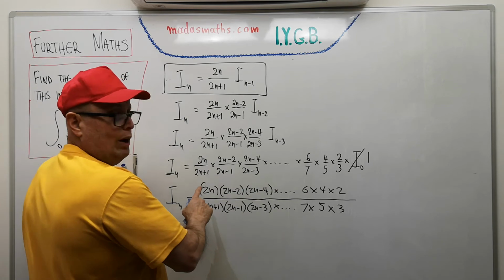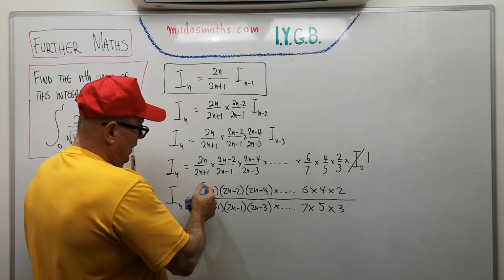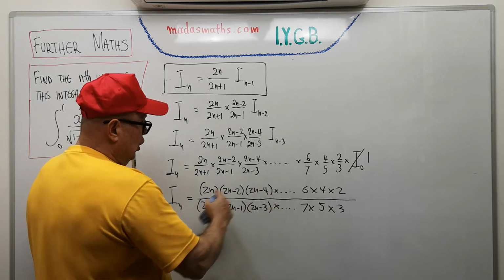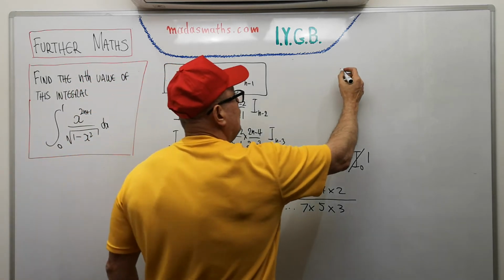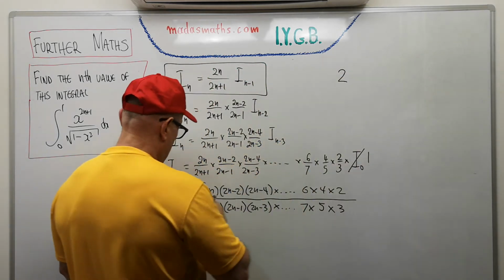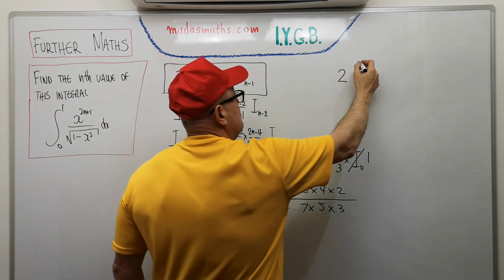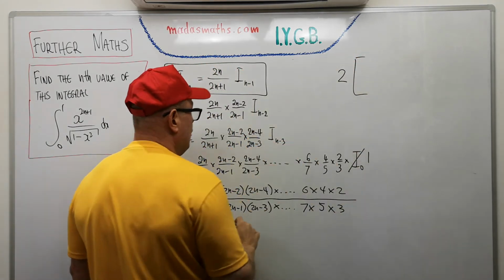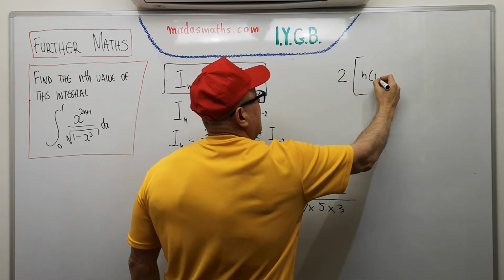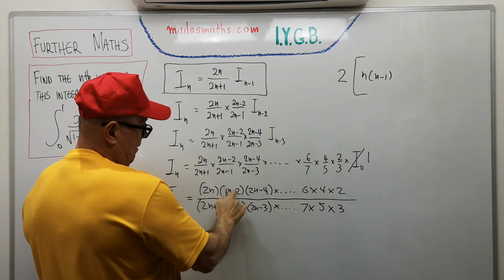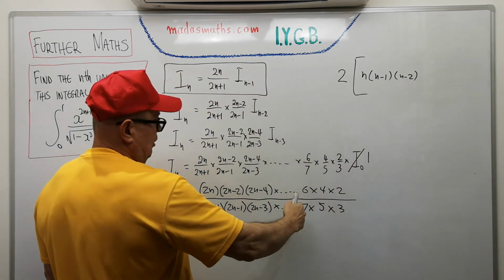The numerator is actually quite nice because we can factorize a 2 out of each of those terms. 2 times 2 times 2 times 2 all the way down. What you'll be left with is n, n minus 1, n minus 2, n minus 3, and so on.